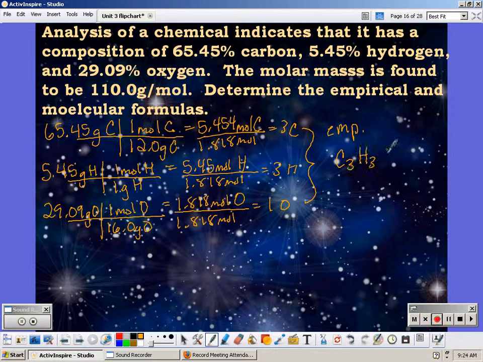Now they give us a molar mass of 110 grams per mole. I want to find my multiple, so 3 carbons, 3 hydrogens, and an oxygen has a molar mass of 55 grams per mole. So again, my integer is 2. So we'll say C6H6O for our molecular formula.